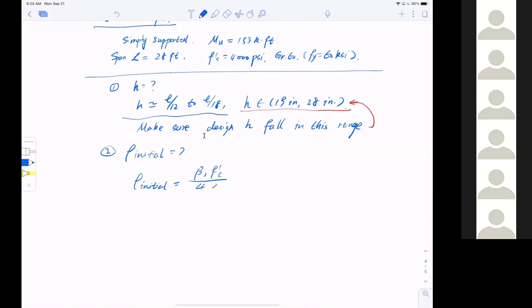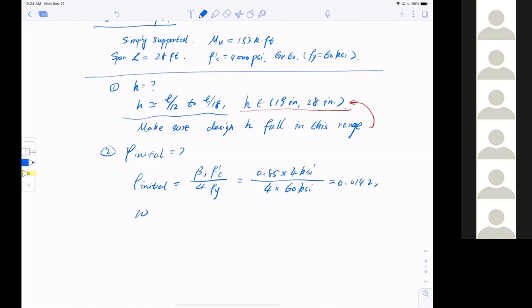F prime C divided by Fy, yeah, that makes sense. So bring the numbers in, 0.85 and 4 KSI on top, and 4 on the bottom and 60 KSI. And I got a number of 0.0142. This is my initial design.